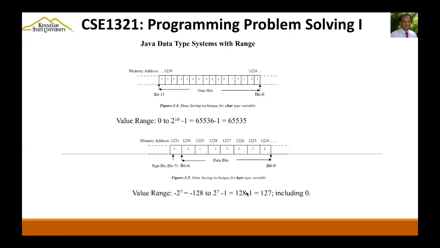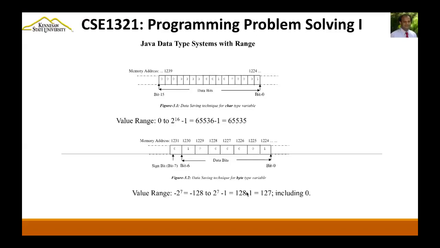The lowest value could be all 1s, including this one, so this is negative, right? When this bit is 1 with all 1s, this value will be negative 2 to the power 7.